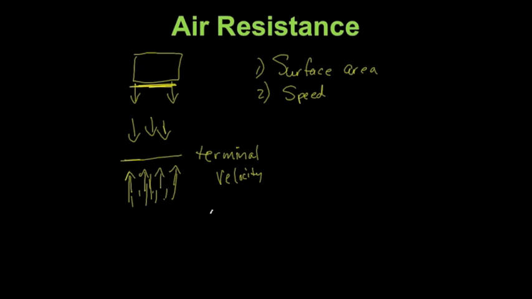So the greater the surface area, the greater the resistance. The greater the speed, the greater the resistance. So just remember that the greater the surface area, the more surface there is for molecules to hit, and the greater the speed, the more molecules it hits as it falls.